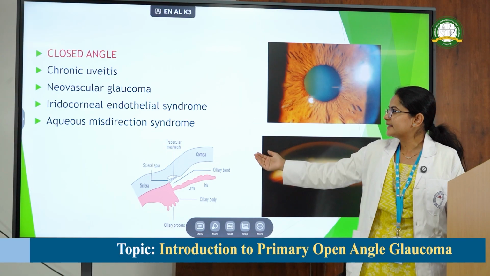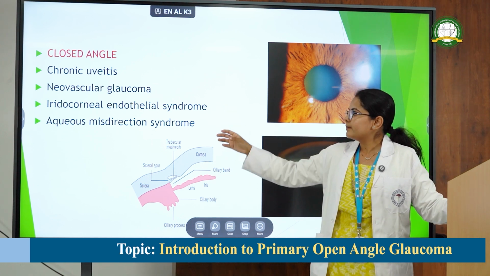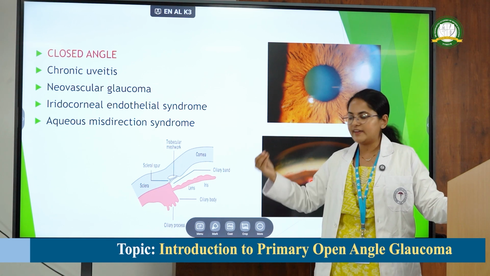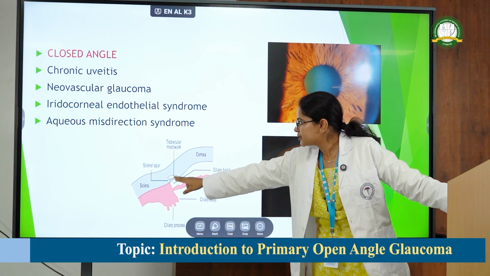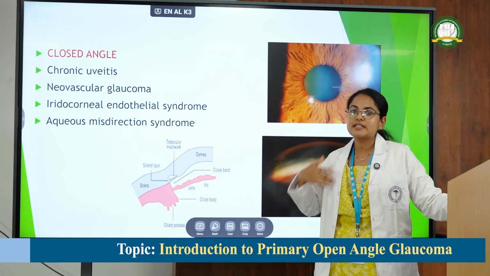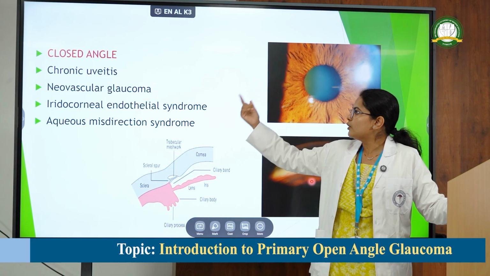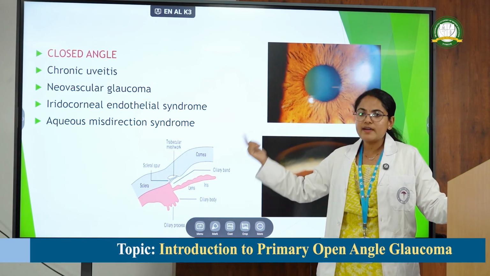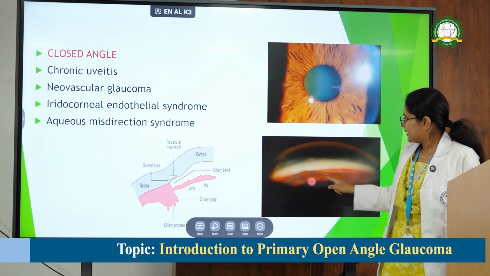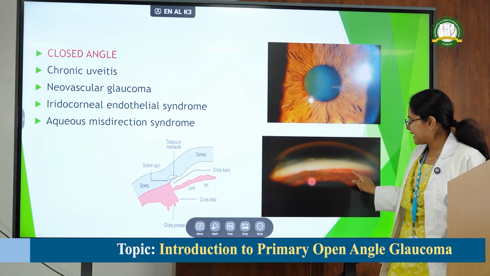Now closed angle glaucoma. Chronic uveitis: what will happen in uveitis? There are a lot of cells and flare, which cause obstruction and inflammation in the trabecular meshwork that leads to raised IOP. Neovascular glaucoma: neovascularization of the iris and neovascularization of the angle is noted.